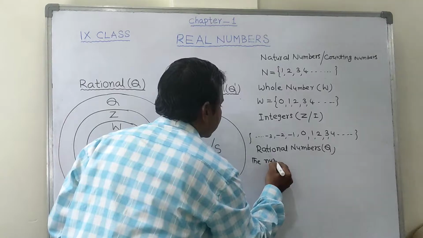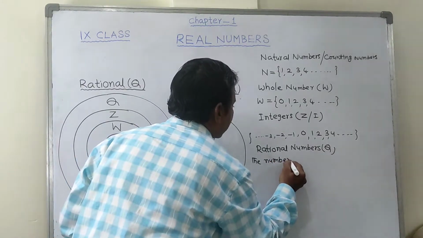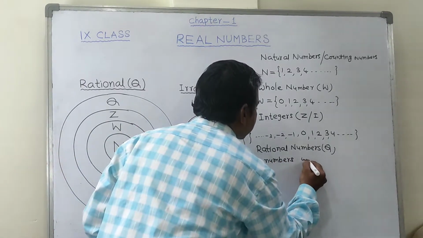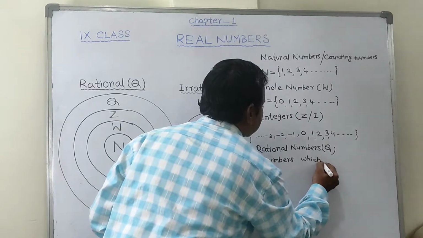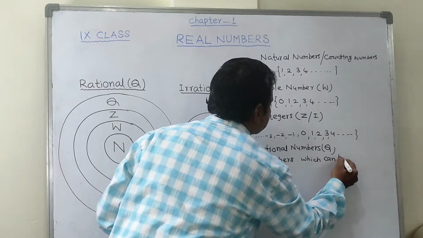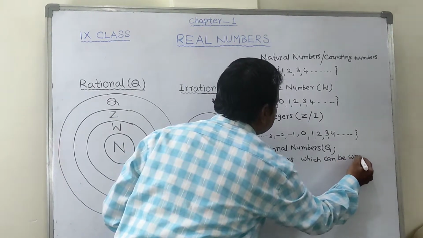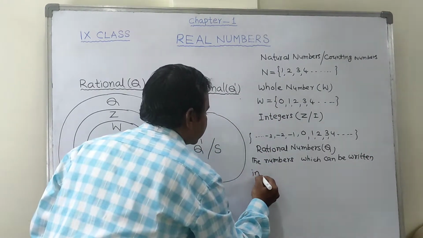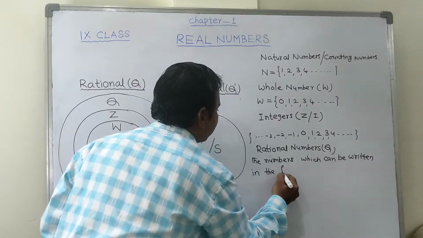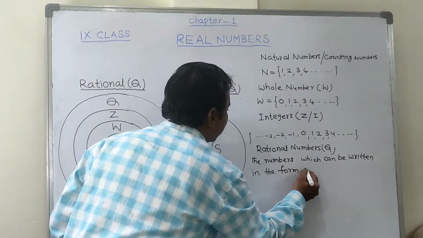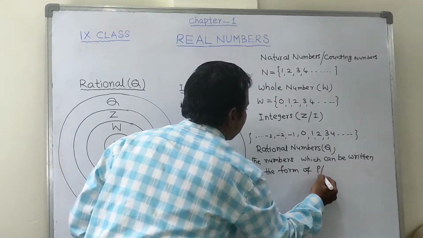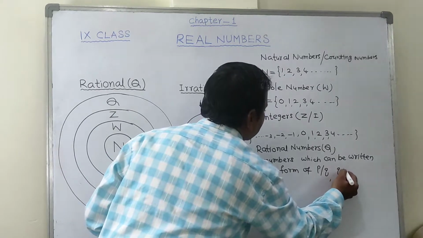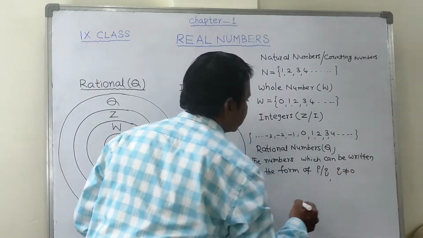The numbers which can be written in which form? In the form of p by q, where q should not be equal to 0.